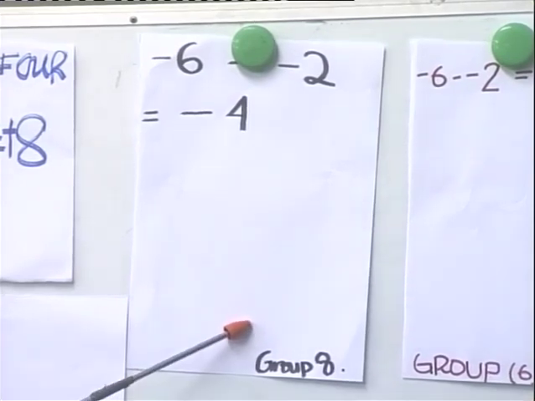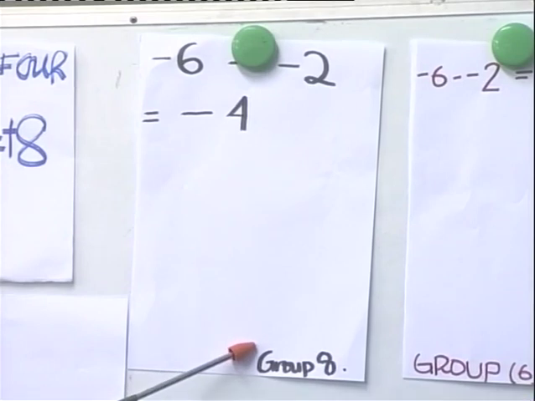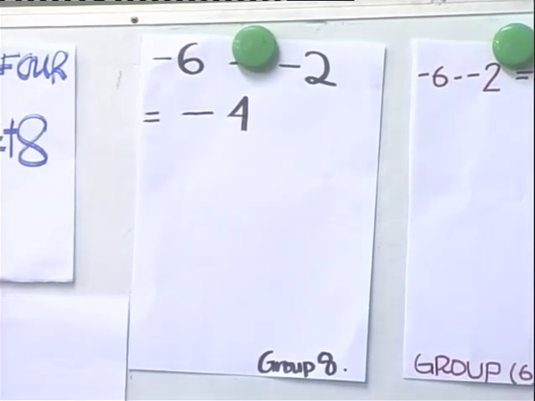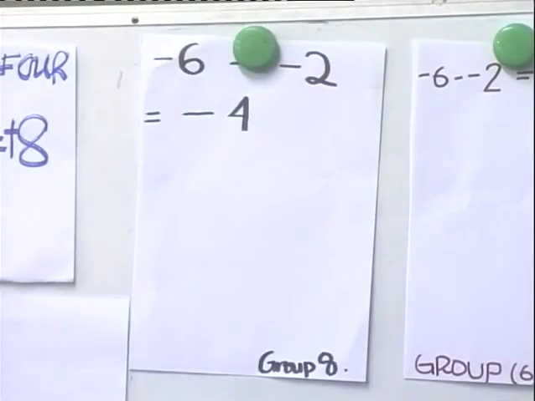Okay, we'll have group 8 explain how they got their answer. We used the rule: when adding a negative number and a negative number, you add and keep the sign, but we changed the adding to subtraction. So we used when subtracting a negative and a negative, subtract and keep the sign. Okay, thank you.